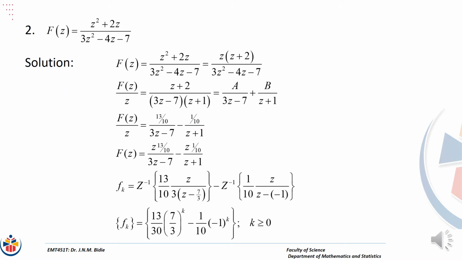Now, what if we get a complex Z transform? Then we'll have to make use of partial fractions. But before we do that, note that what we do to the numerator, we take out Z so that we get Z plus 2 inside the brackets.